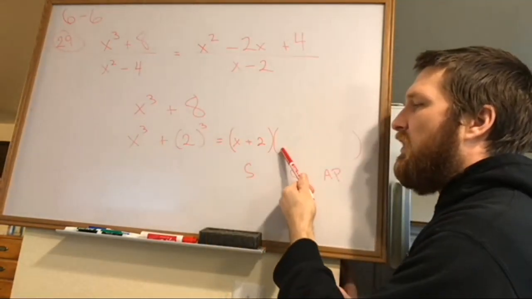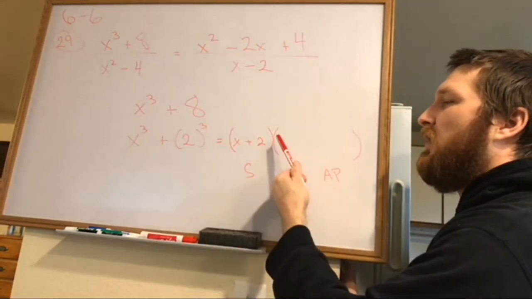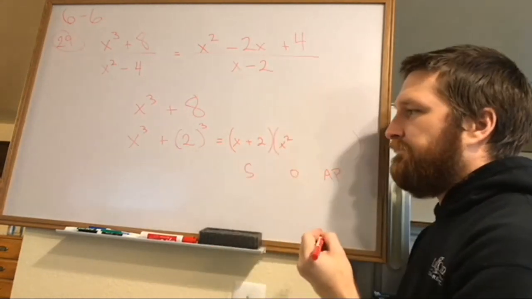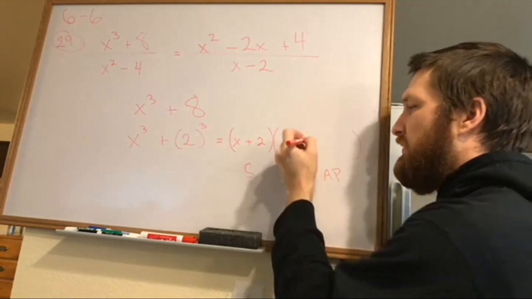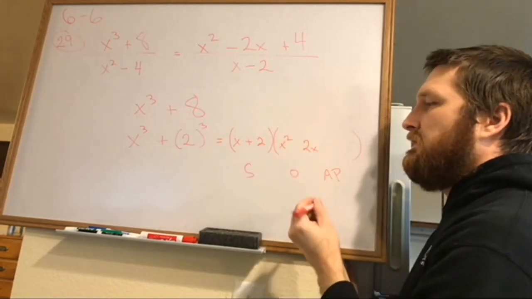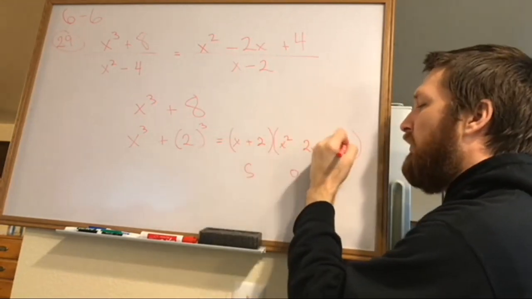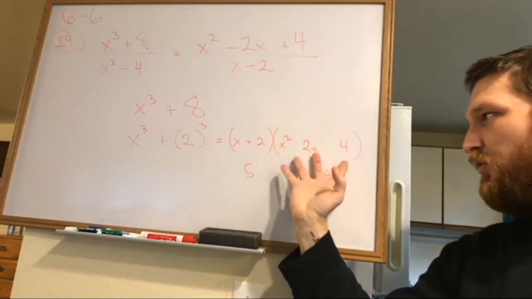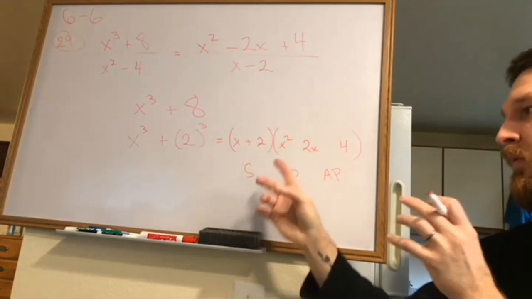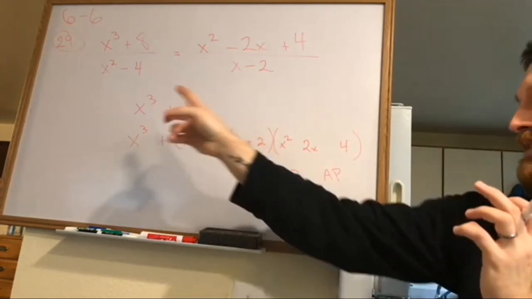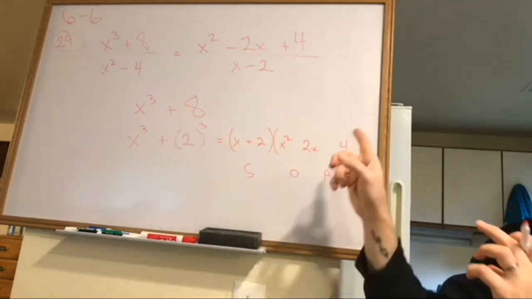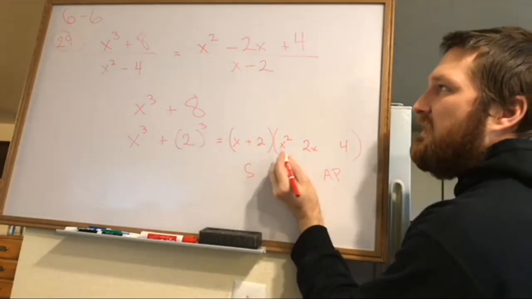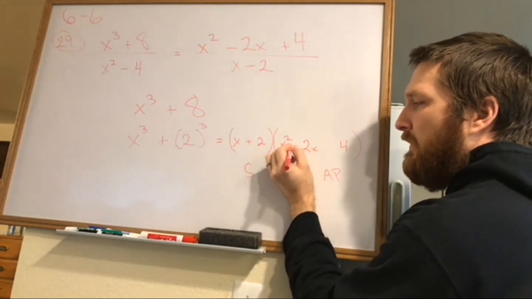Now, what are these? There are 3 terms here: x squared, 2x, and then 4. So in other words, it's the things to the first power, and then there's 3 things to the second power. It's the thing squared, that thing times that thing, and then that last one squared. So then the opposite sign would be a minus.